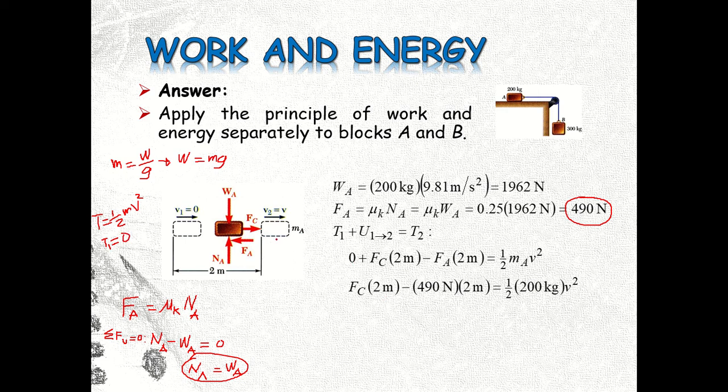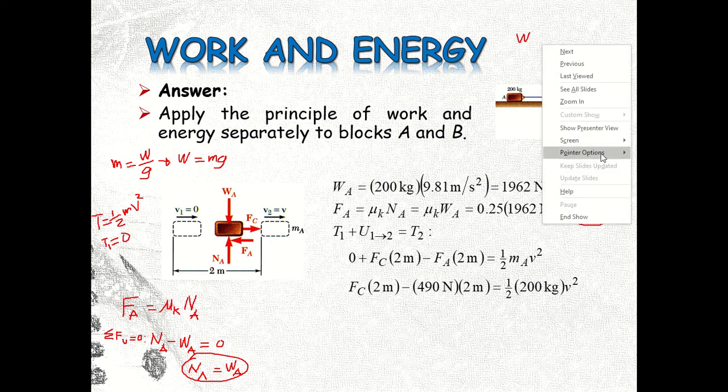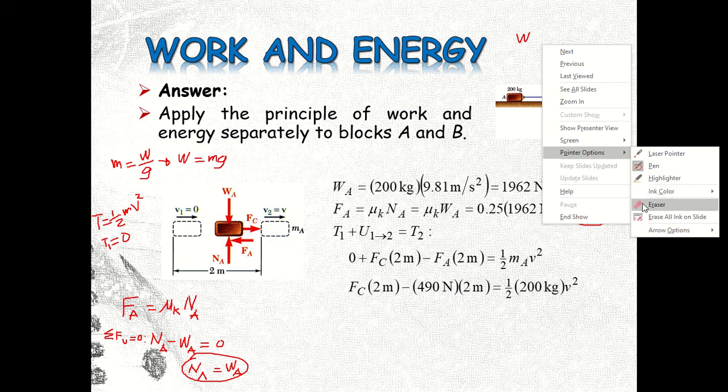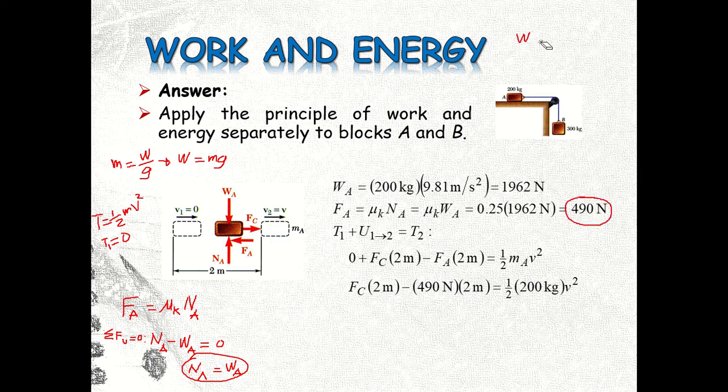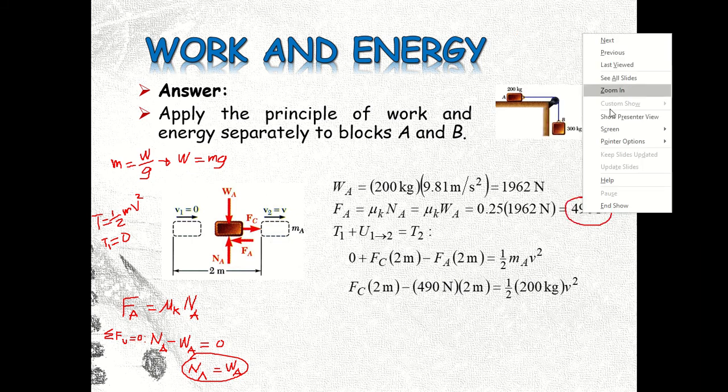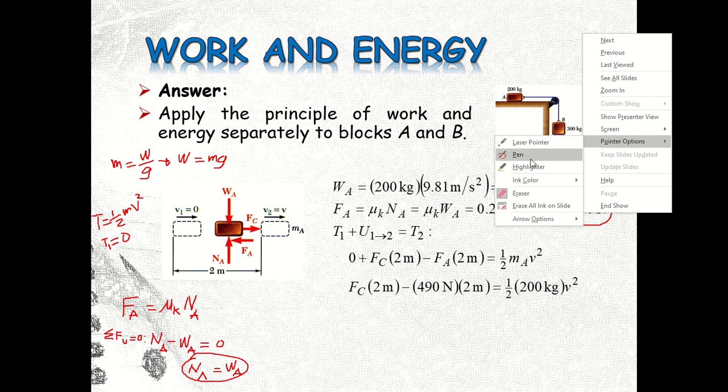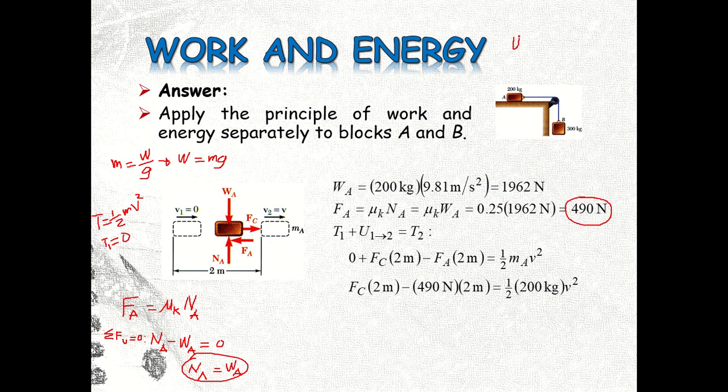Then we have the work. As mentioned before, we use U instead of W to represent work, because W is used for weight. So work U is the product of the force multiplied by the displacement, or F times s.